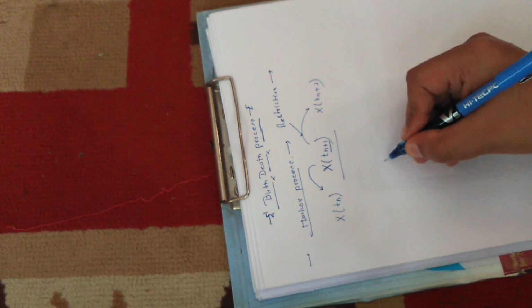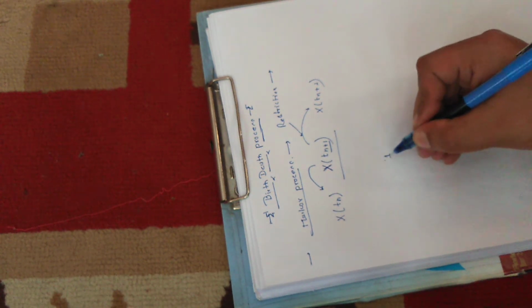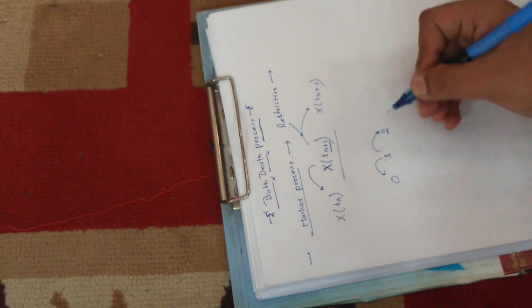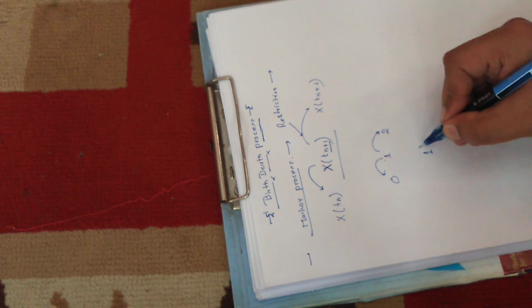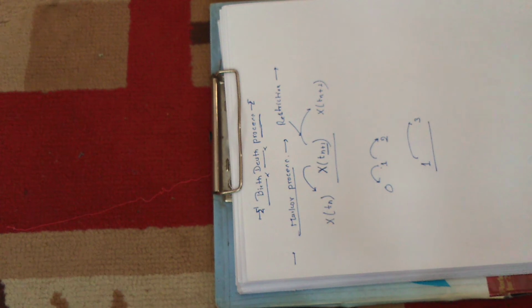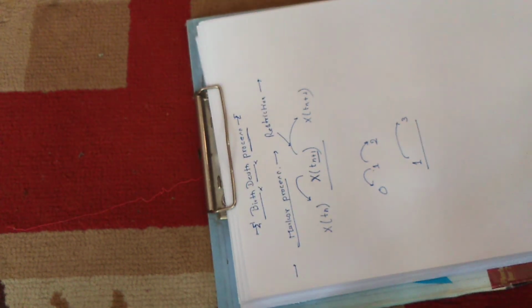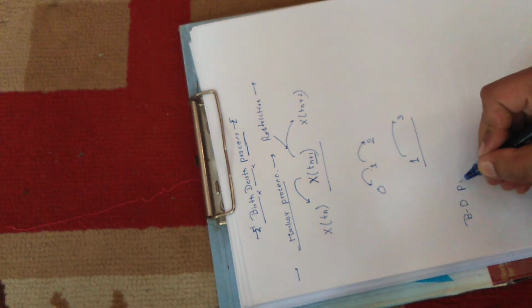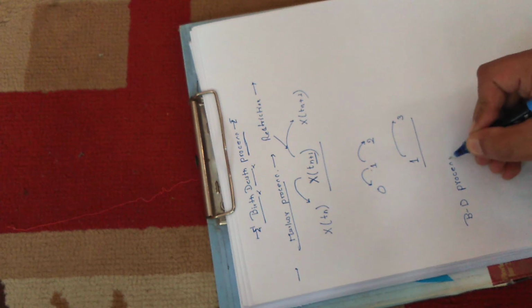It means if suppose there is state 1, then it goes to 0 or it goes to 2. It can't go from 1 to 3. This process is known as the birth death process, which can also be represented as the BD process in short form.